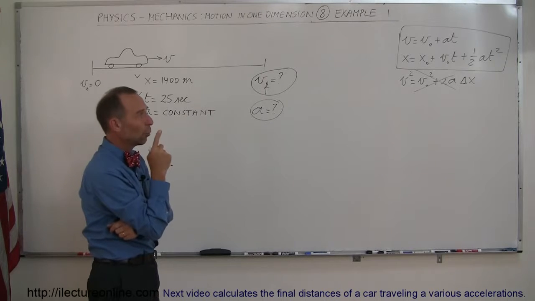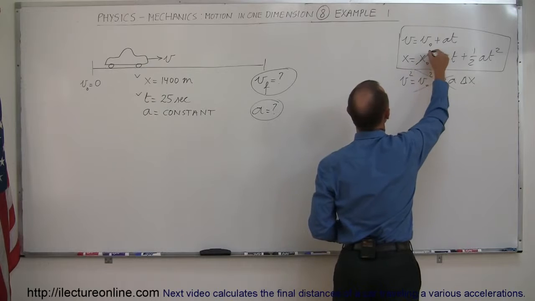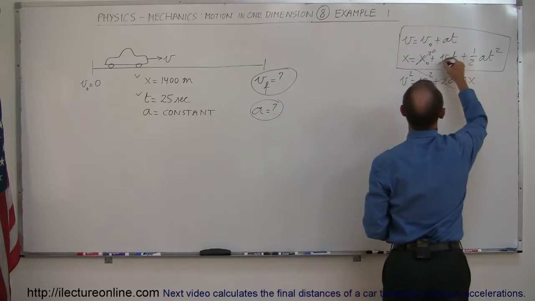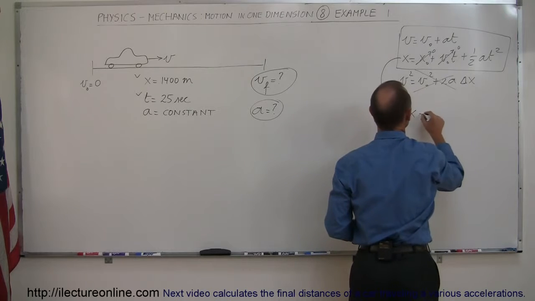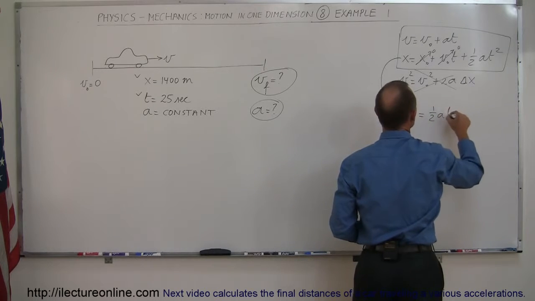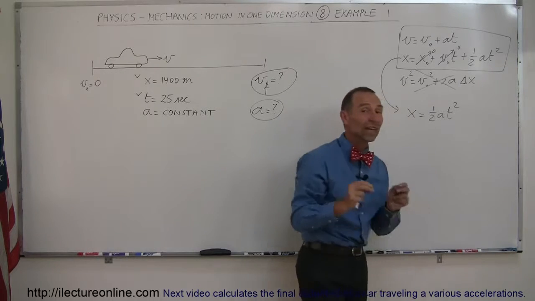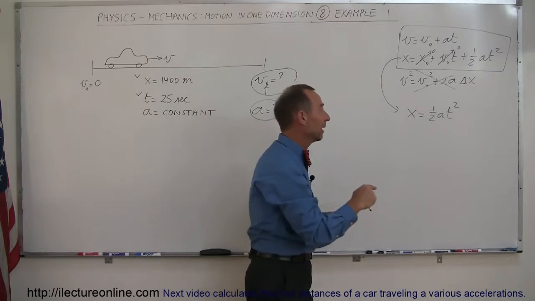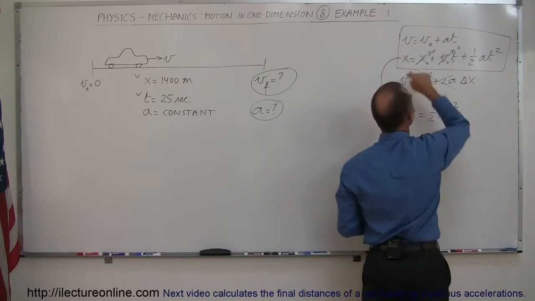All right, so what I can do is, since X is known, the initial distance is 0, and the initial velocity is 0, I can take this equation and write it as X equals 1/2 AT squared. Since I know X and since I know T, I can use that equation to solve for the acceleration. Then I can plug that acceleration into the second equation to find the final velocity.